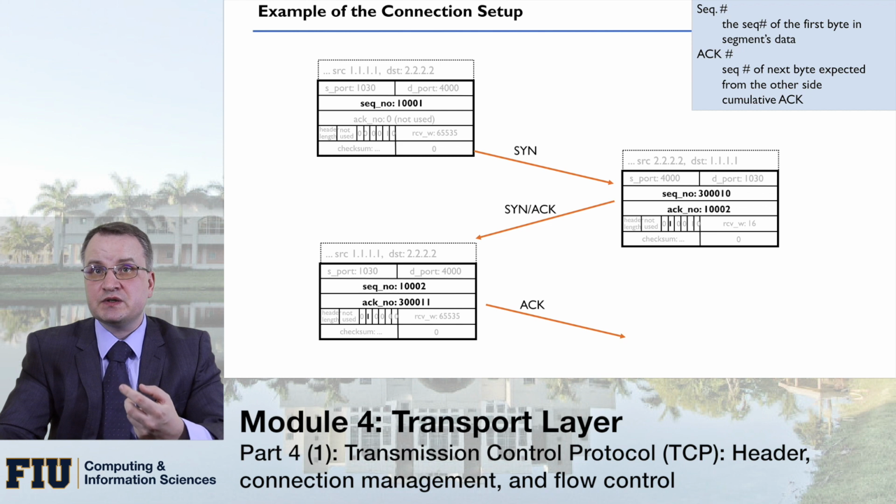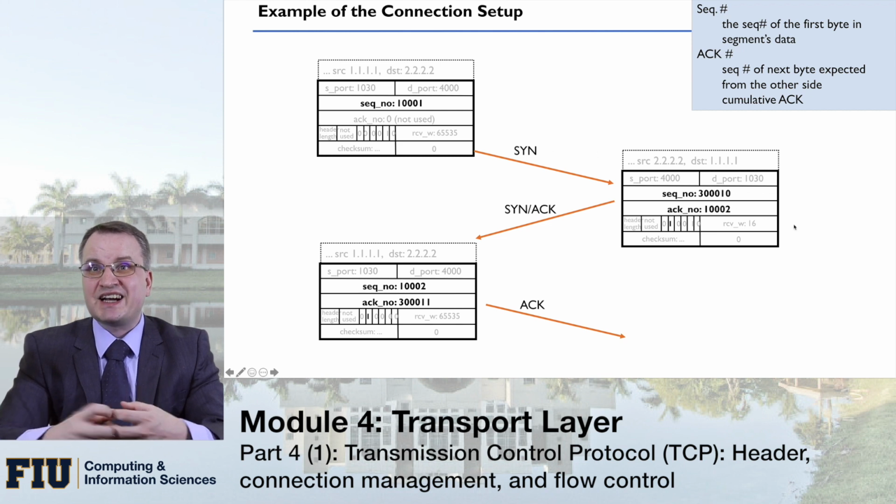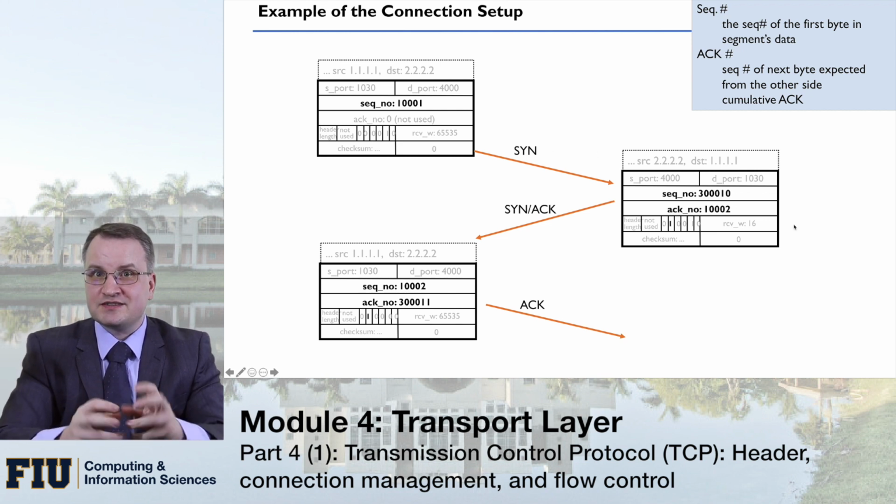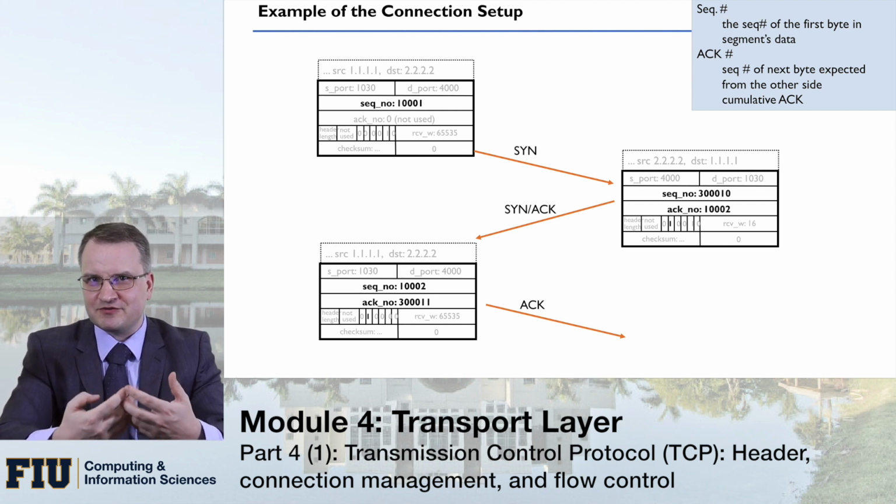Then, as a recipient of this SYN message, I'm acknowledging reception of this fake byte of 10,001 and saying that I'm expecting to receive 10,002 as the next sequence number. So this is what I meant by the imaginary byte.